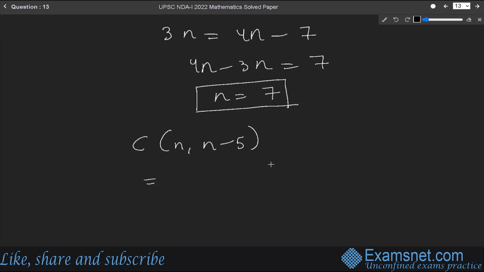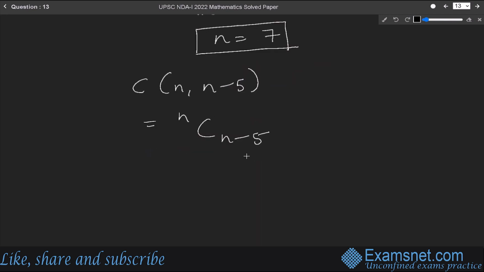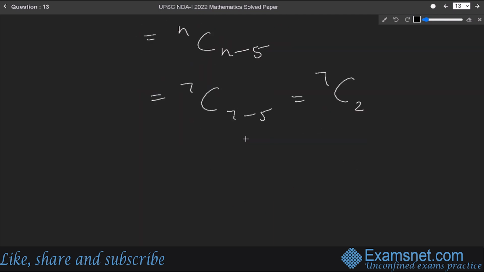So we can write it as nC(n-5). Now putting the value of n here, we get 7C(7-5), which is equal to 7C2. Further solving it, we get (7 x 6)/(1 x 2), which is equal to 21. Therefore, the correct answer of this question is 21.